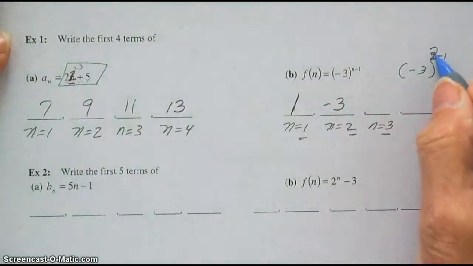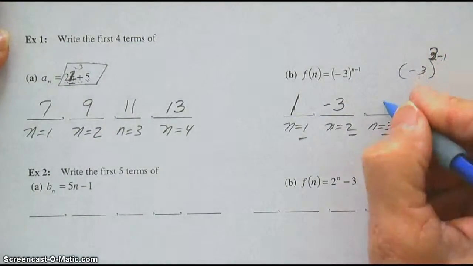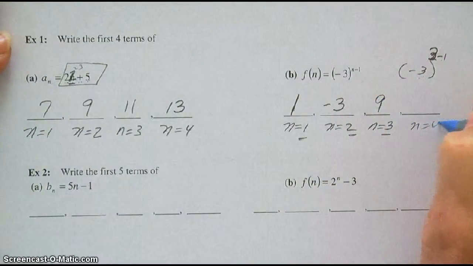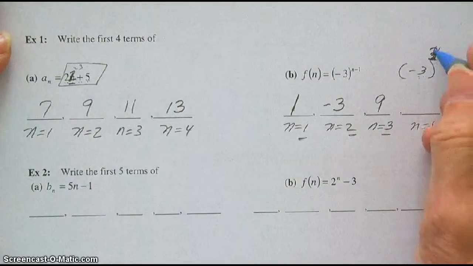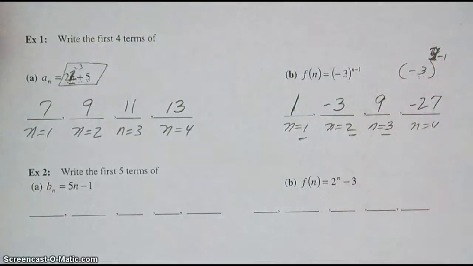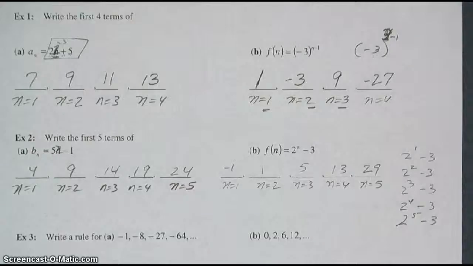When I stick a 3 in here, be careful, I'll get negative 3 squared, which will be a positive 9. And the fourth term, I get negative 3 cubed, which will be a negative 27. So hit pause and try to do example 2, and then I'll have the answers up. How did you do?